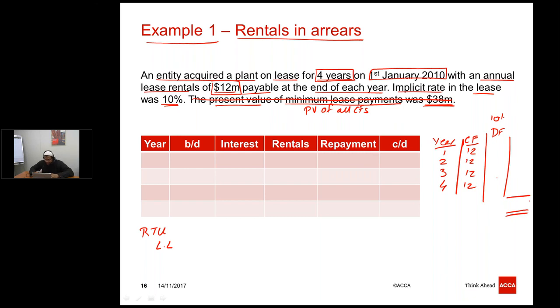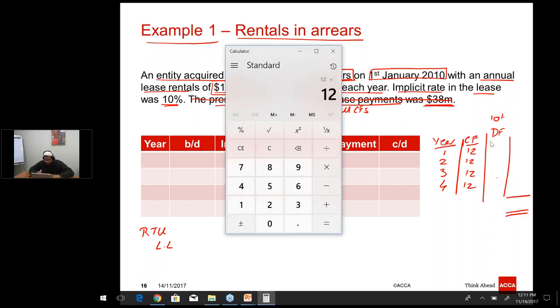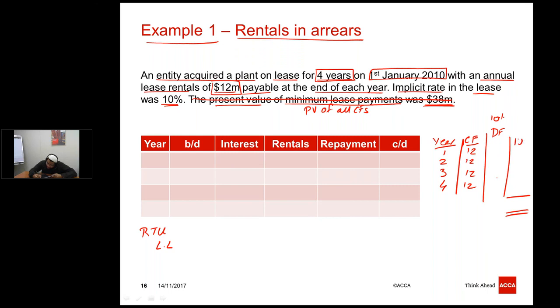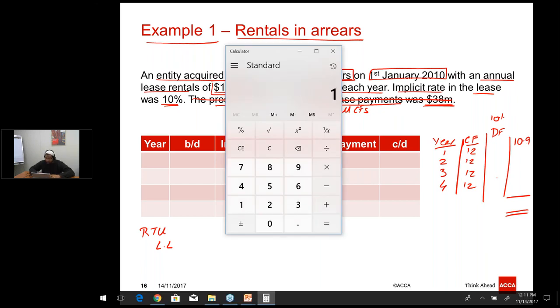I'm directly calculating the present value using the calculator. 12 divided by 1.1 gives the present value for year 1, which is 10.9. Similarly, 12 divided by 1.1 to the power 2 gives 9.9 for year 2.